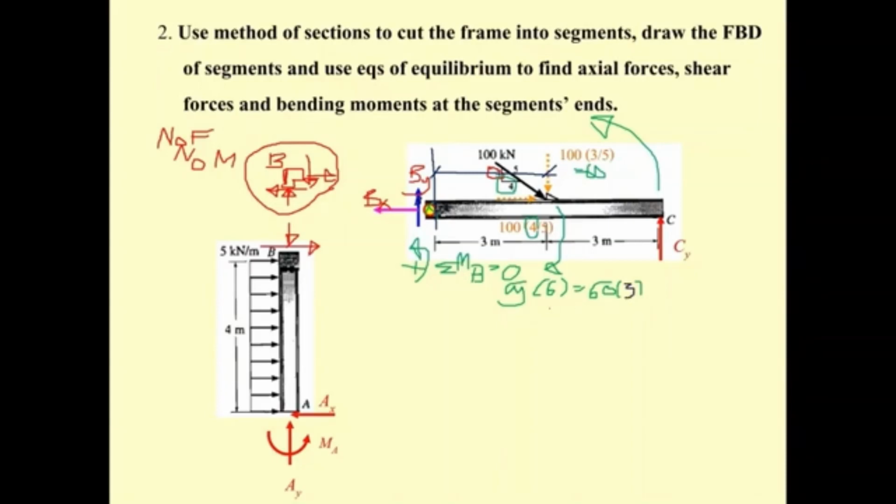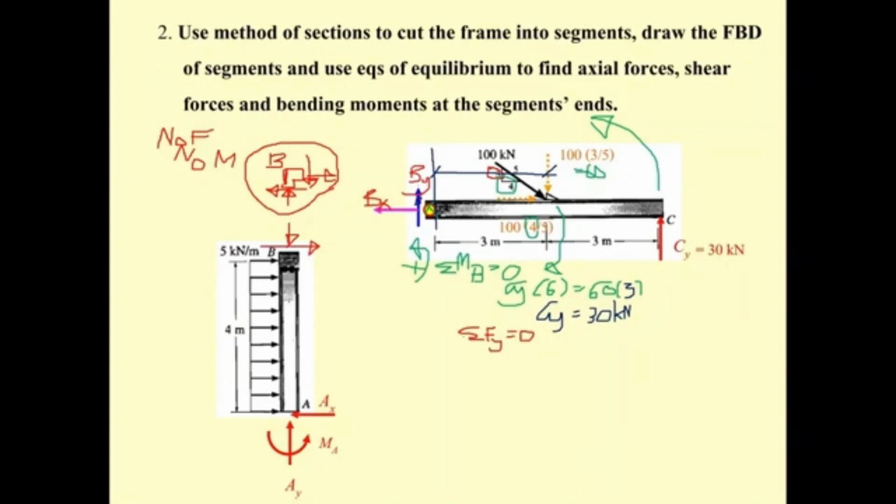Okay, and then the C sub y is going to equal 30 kilonewton. You go further to determine the force. Summation of F sub y equal to 0, you can determine B sub y.